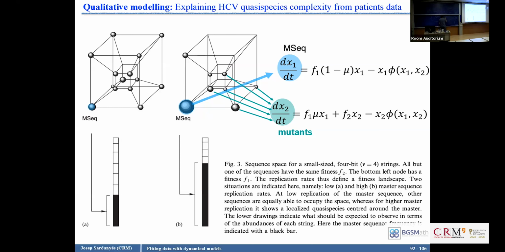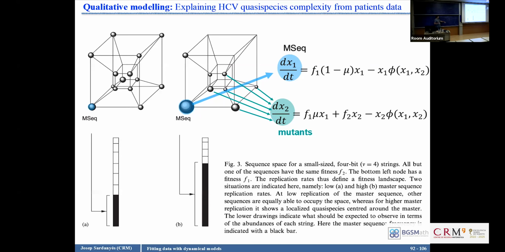This would be the quasi-species population, in our case, master and mutants. So there is a result that says that as mutation increases, the number of the master sequence decreases, the number of mutants increases, and at some point, the master sequence disappears, and the population is dominated by mutants. And this is the transcritical scenario.